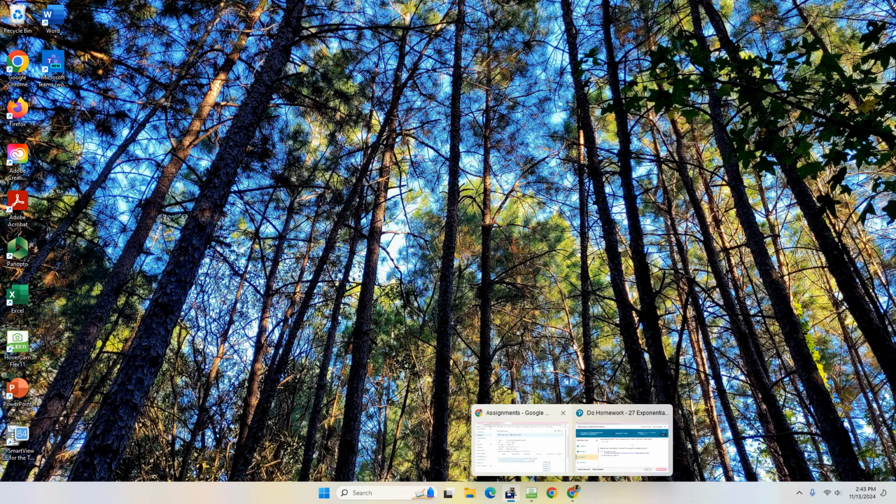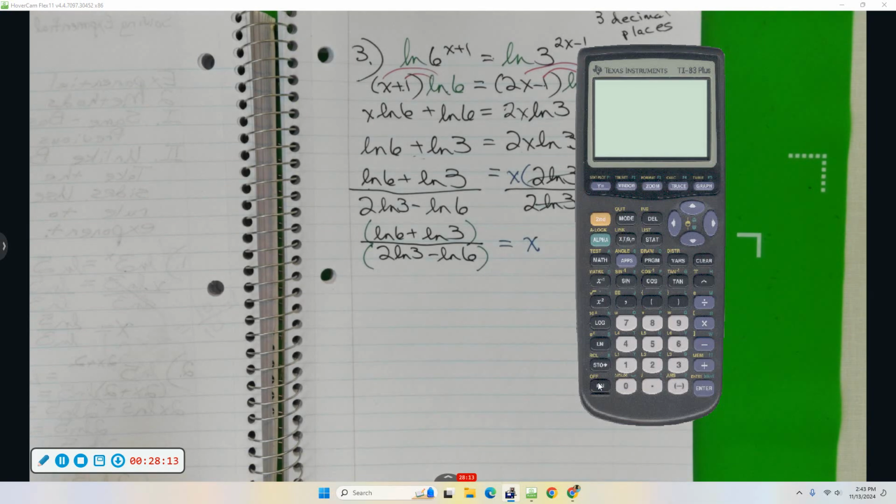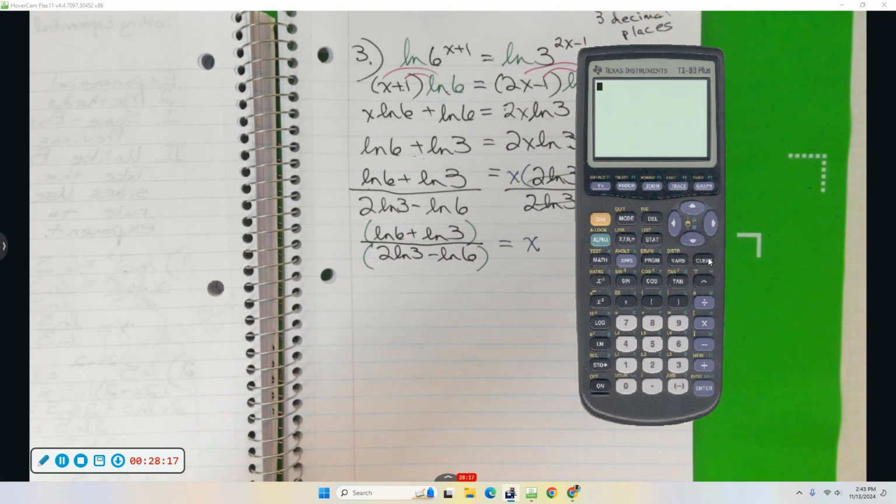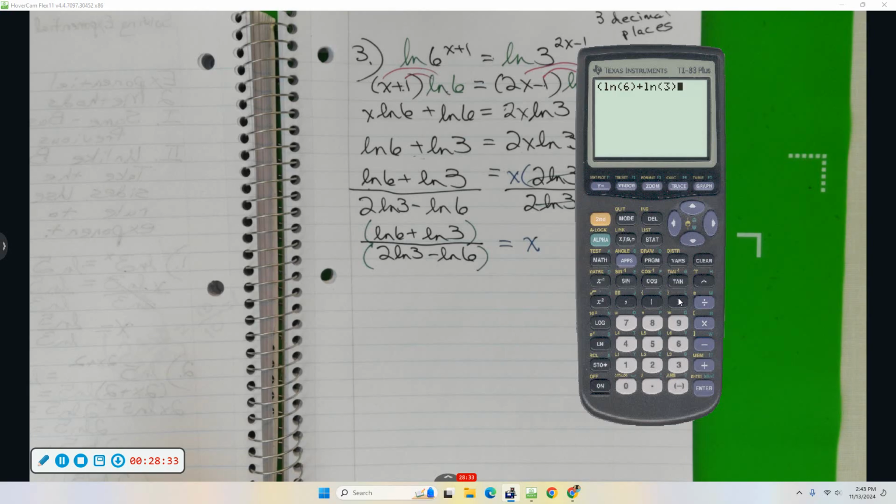Wait, there is too many there. Okay, there. Clear. Left parenthesis, ln 6. What do I have to do? Close the parenthesis around the 6. Plus ln 3. I have to close that parenthesis after the 3. What else do I have to do?